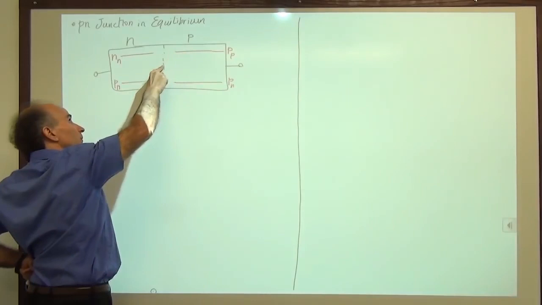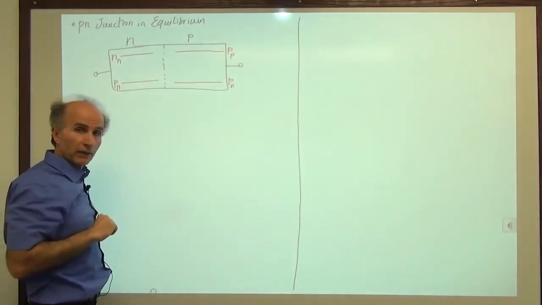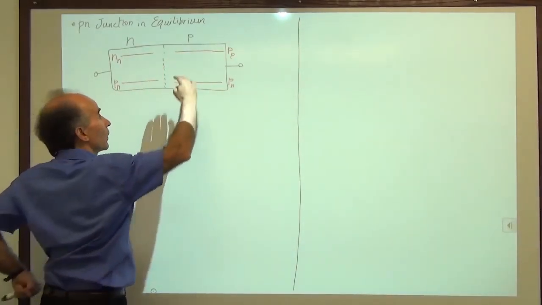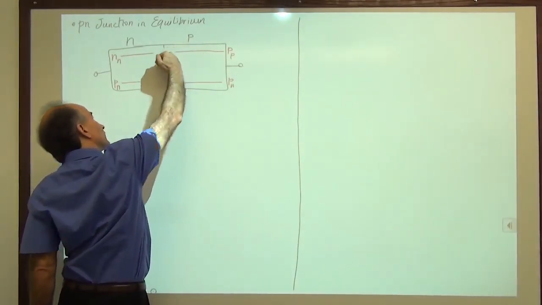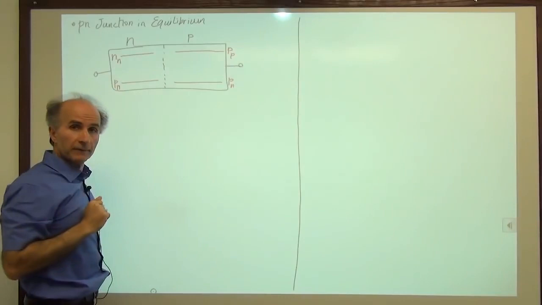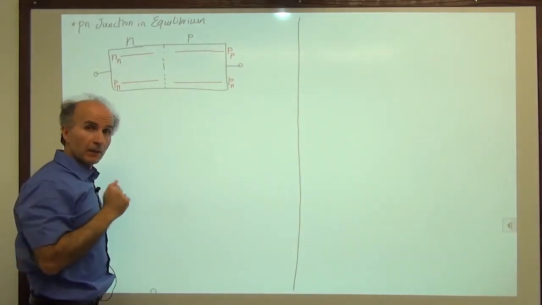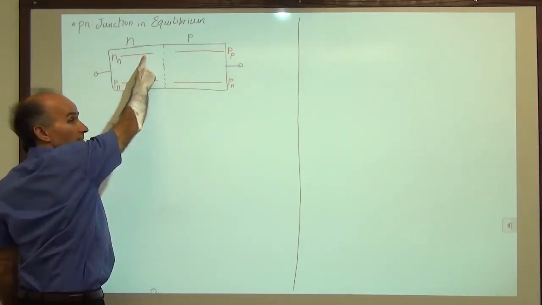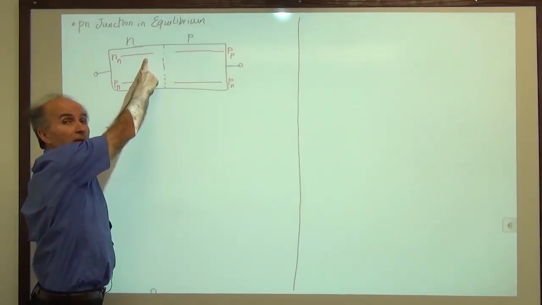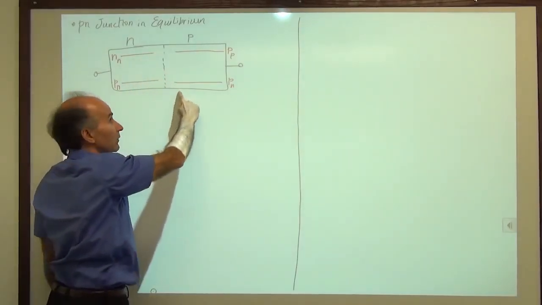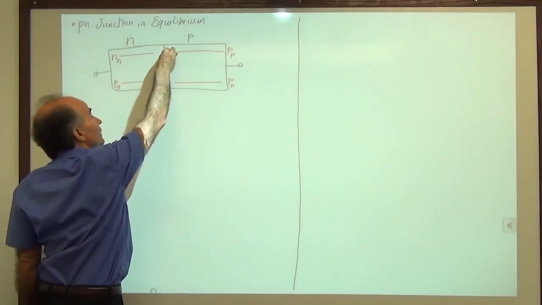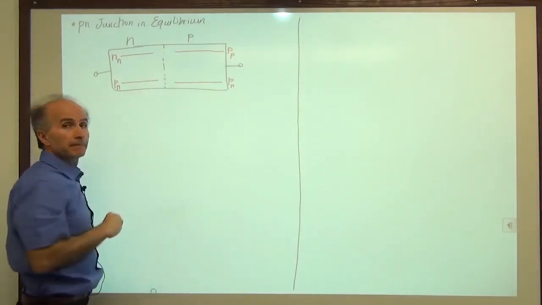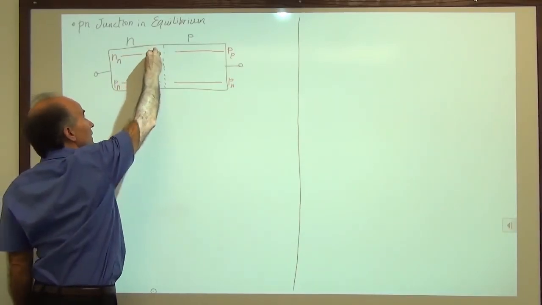So the particles prefer to go to the low concentration area. So holes, which are majority carriers on the right, begin to roll down the gradient and go to the left. Similarly, electrons, which are majority carriers in the N-type material, begin to roll down this gradient and go to the right. So one hole starts from here and goes here. One electron starts from here and goes here.